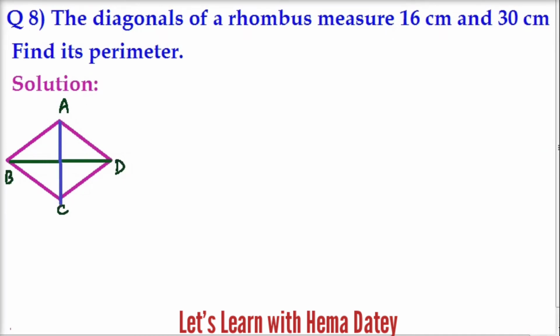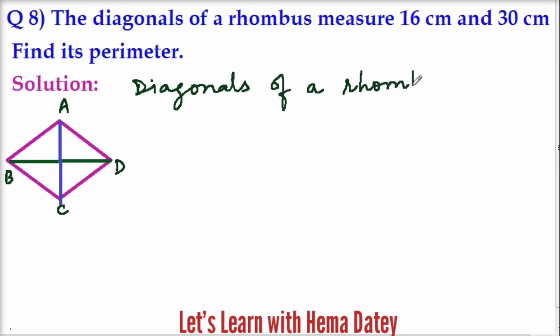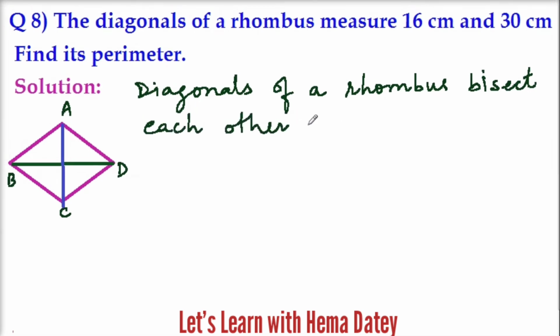By the property of a rhombus, we know that the diagonals of a rhombus bisect each other at right angle, or we can say at 90 degree.